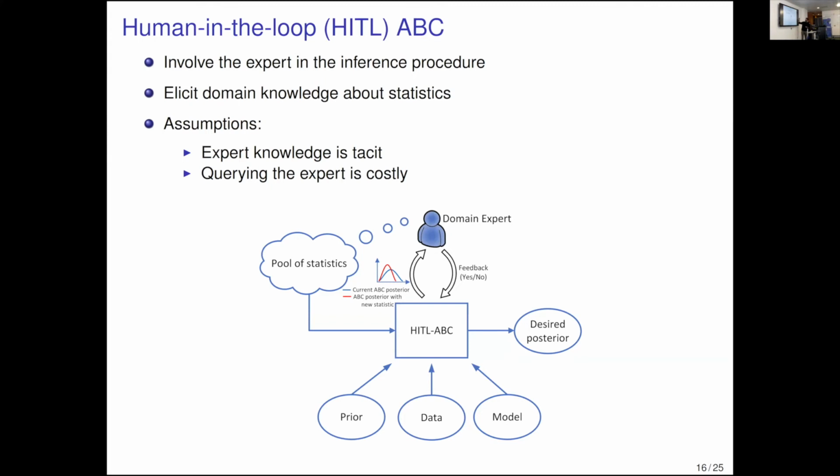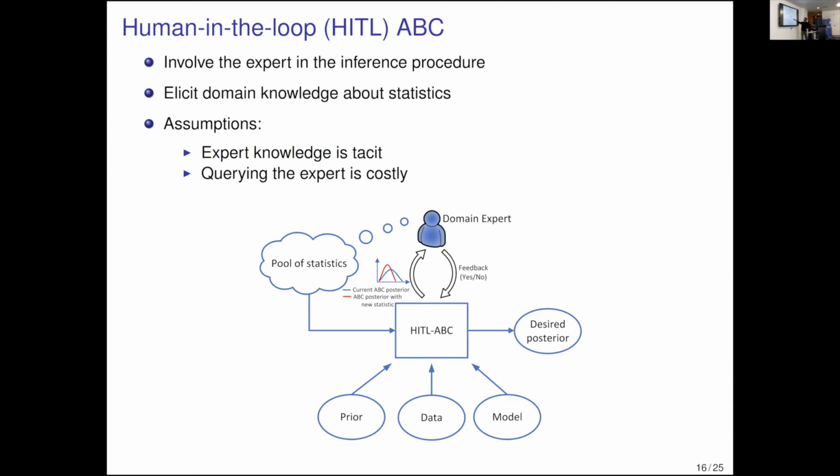So what we do is, let's say they have some notion of this pool of statistics. We pick one of these statistics and ask them, is this a good statistic to add? They tell us whether yes, that makes sense, or no, it does not.